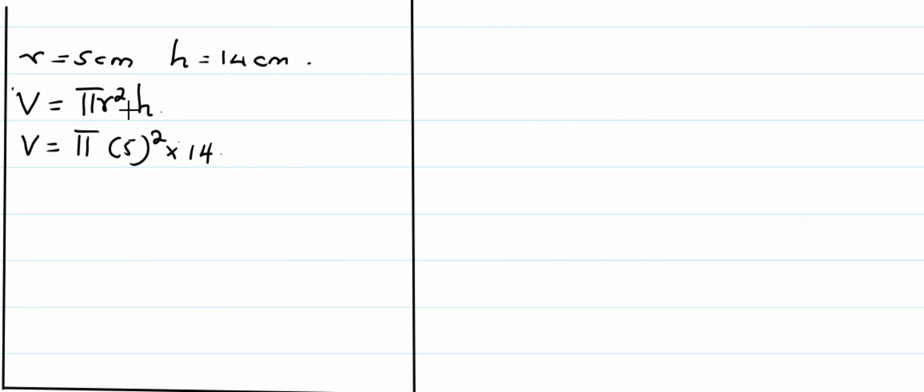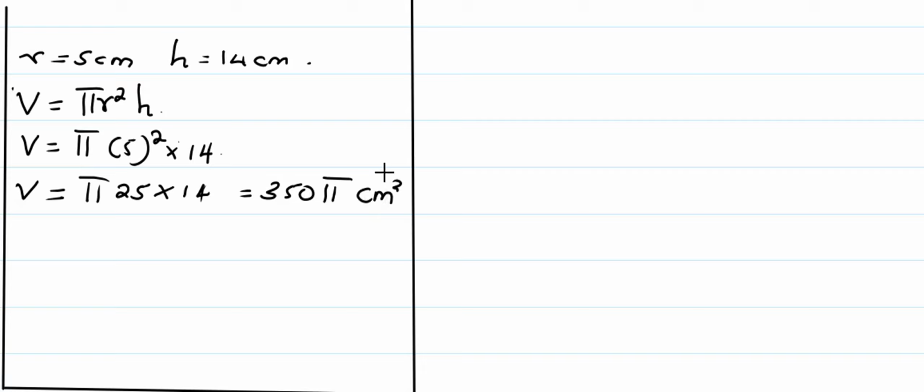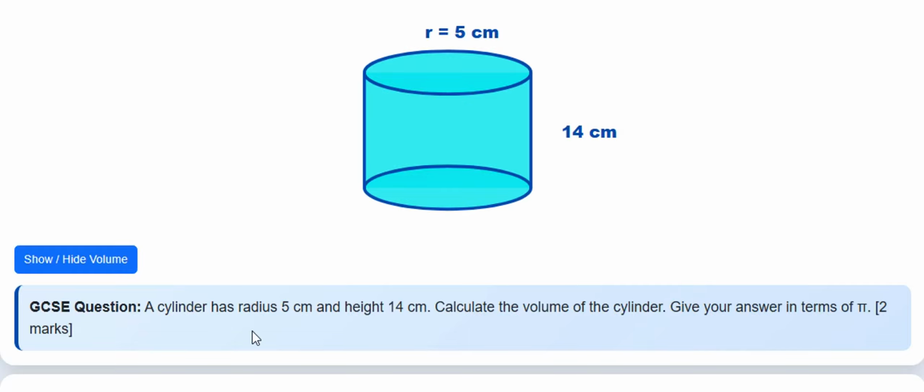So it becomes volume V is the same as pi, then 5 squared is 25, then multiplied by 14, like that, which now becomes 25 multiplied by 14 is 350, then pi and centimeter cubed, and that becomes the volume for this cylinder here.